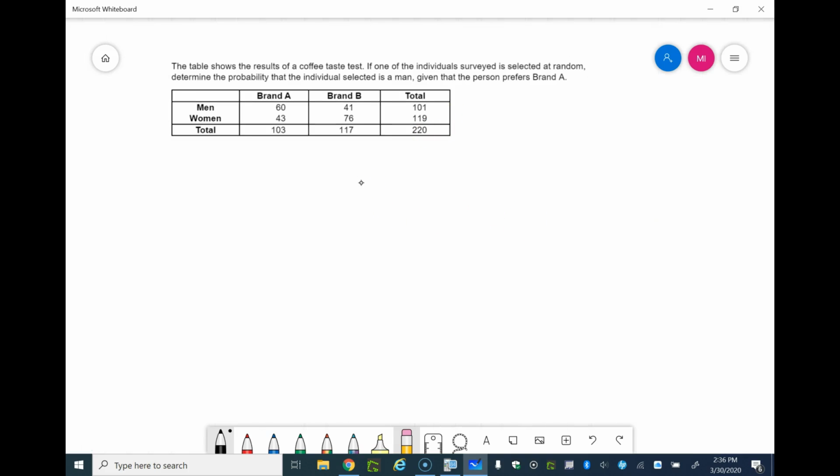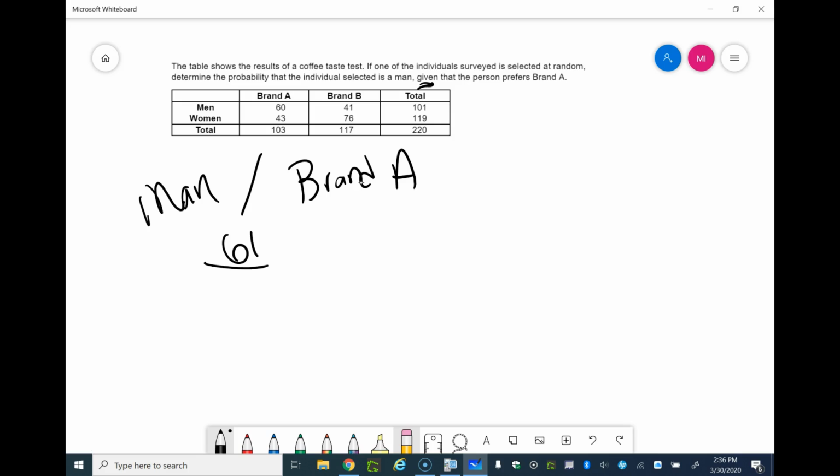So here, here's the given. We need to determine the probability that the individual selected is a man, that's the first part, and they prefer brand A. So on top needs to be a man and brand A. Looking at men, brand A, it looks like it needs to be 60.